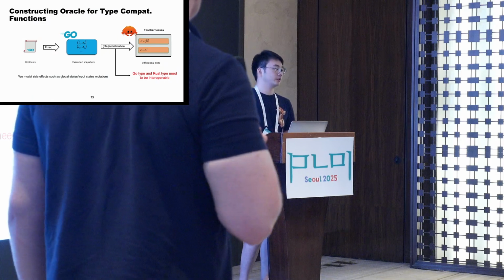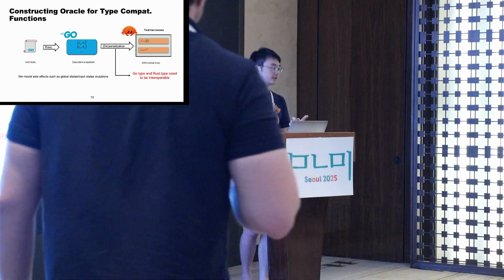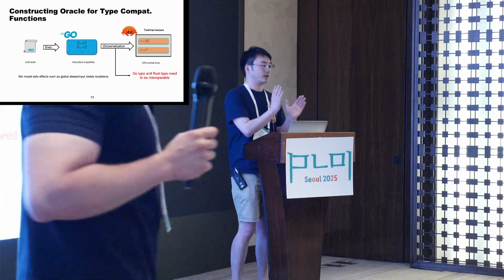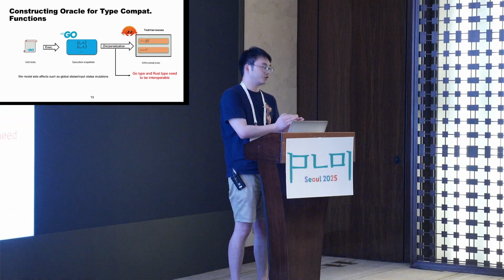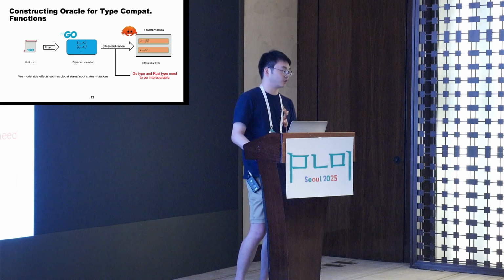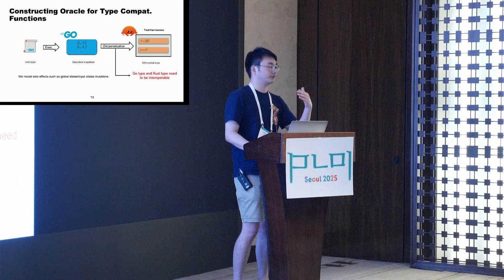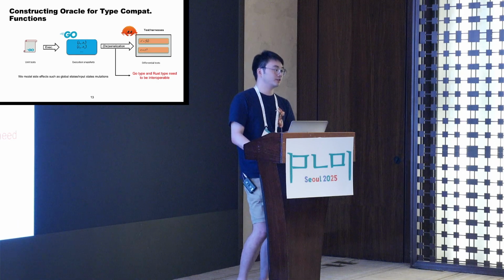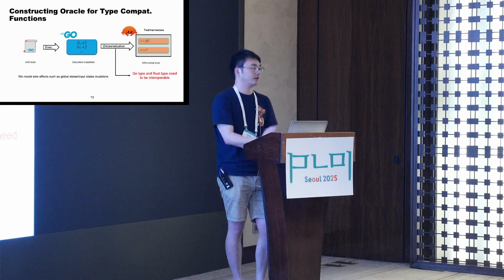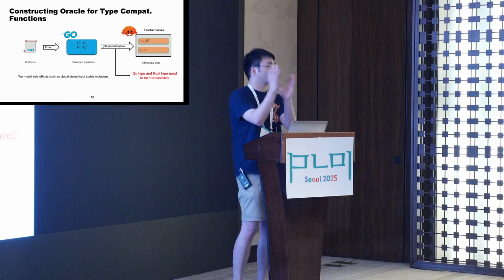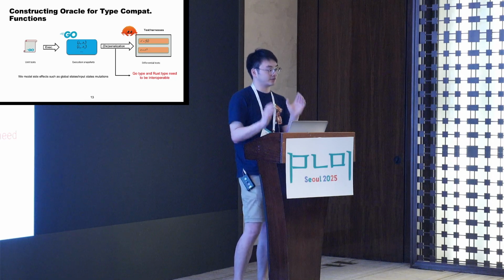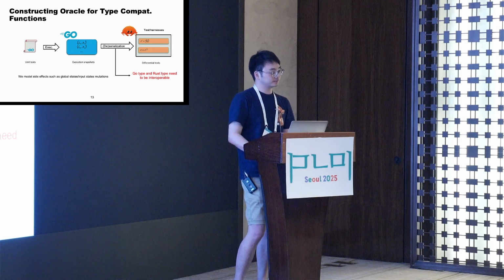We execute all unit tests from the Go repository, and we collect execution snapshots, which are input-output examples for every Go function. By using some inversion techniques, we ported these input-output examples into Rust and used them as the specification for the translated function.